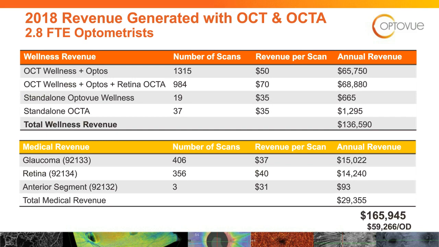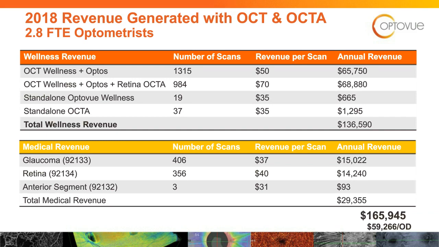So with that all being said, we had a few people doing a standalone OptiView. We had a few standalone OCTAs. Our wellness program in 2018 generated $136,590. So that is our wellness program, and we do a pretty nice amount of medical in our practice.